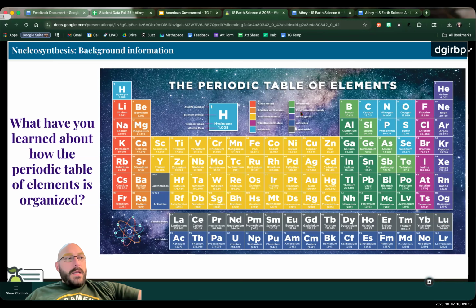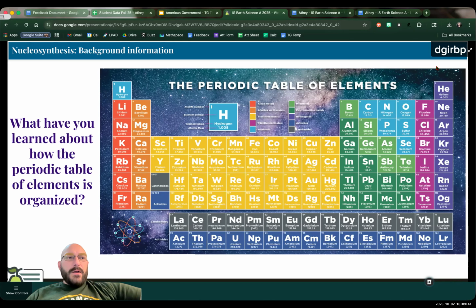Okay. Each row, or period, represents a certain level of electrons on the outside. Essentially it represents how many orbits or layers of electrons there are.